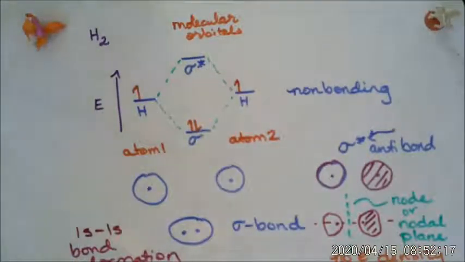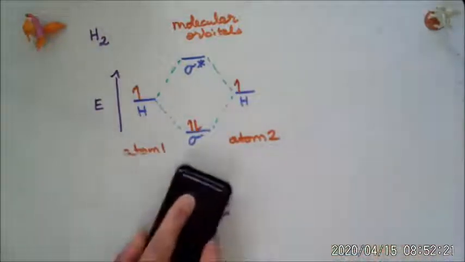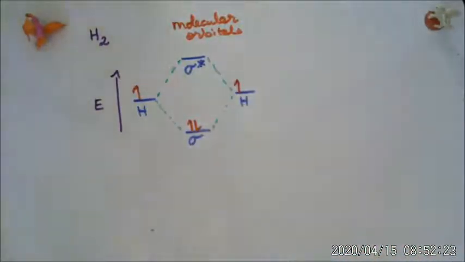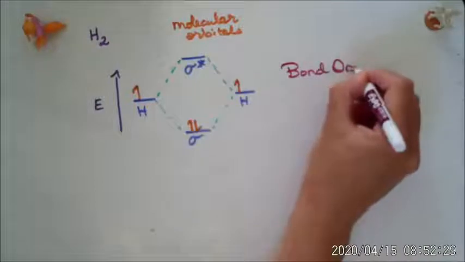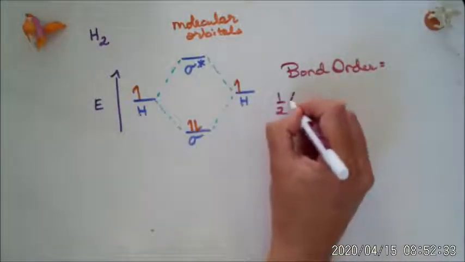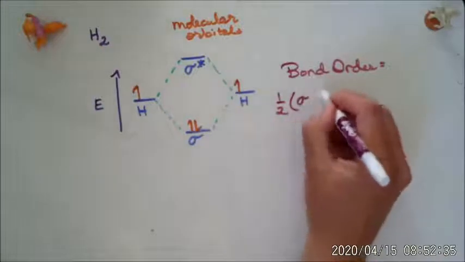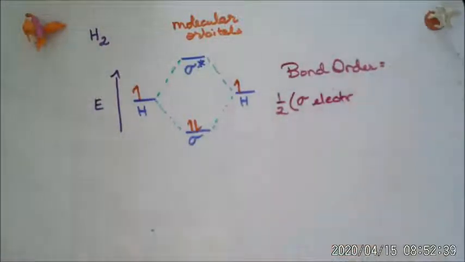Okay, so before we move on to helium, let's talk about one other concept, and that is bond order. It's equal to 1/2 my sigma electrons, or bonding electrons. We'll get a pi.